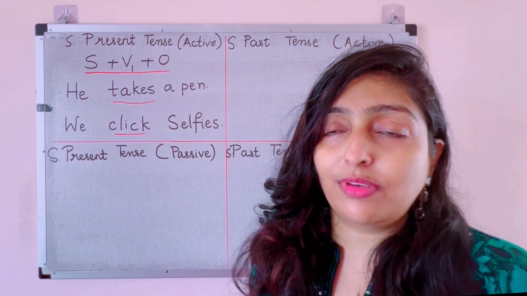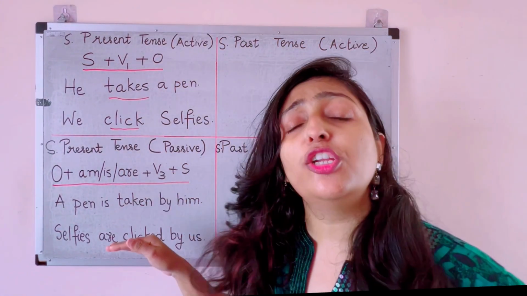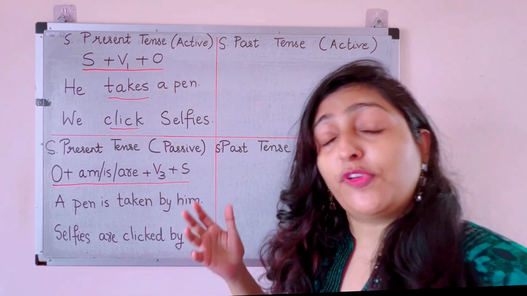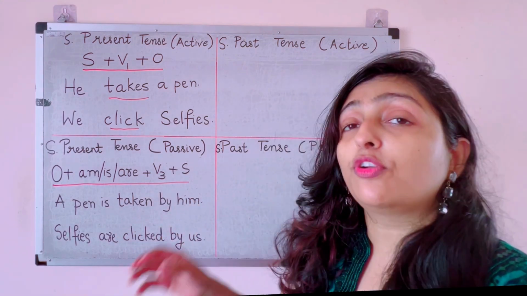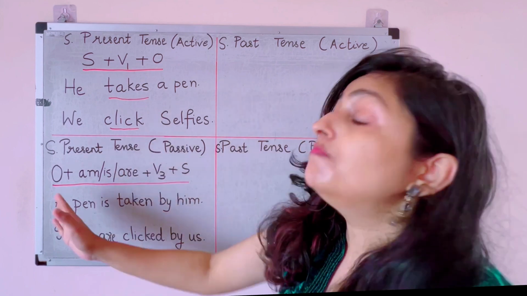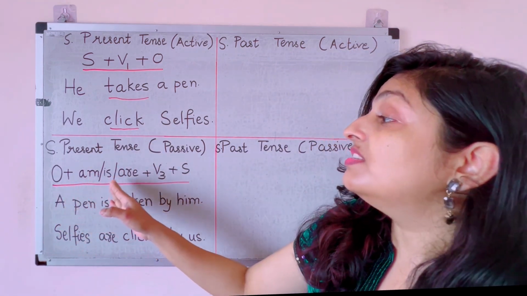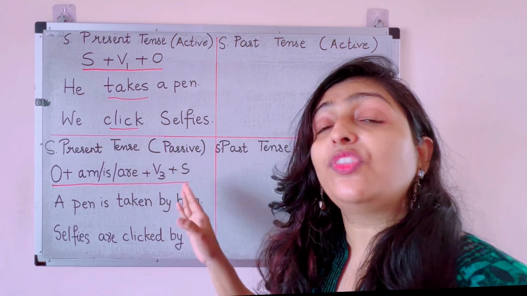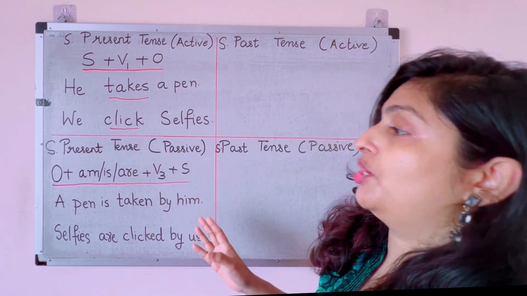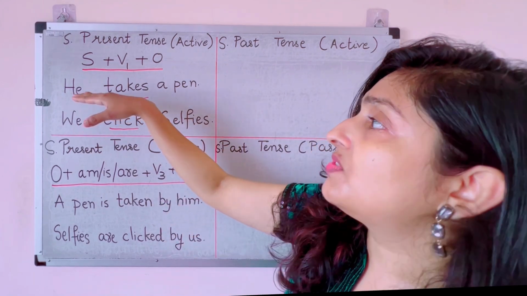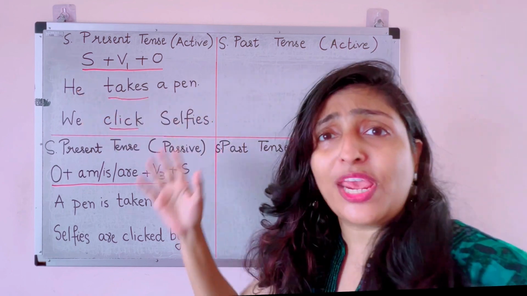Moving on to the passive voice of simple present tense, the formula is object comes first. Object plus am or is or are plus V3 plus subject. So in the first example, he takes a pen.